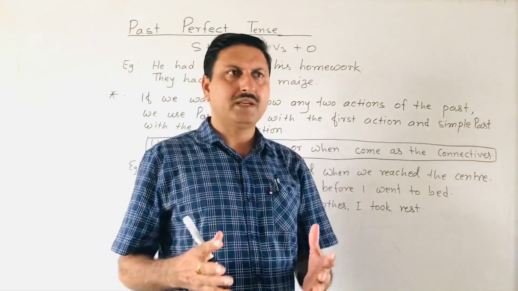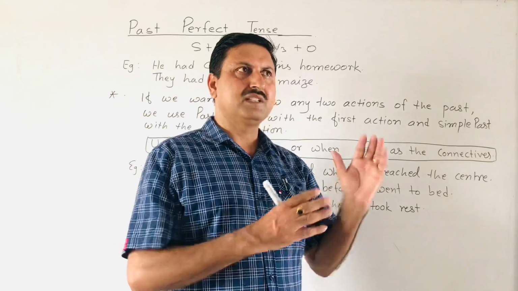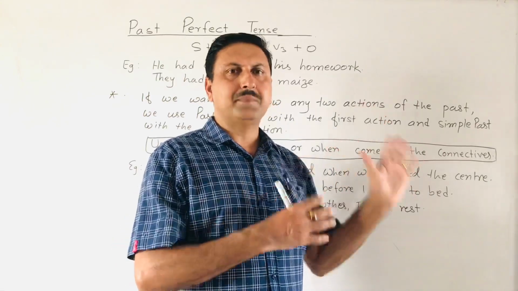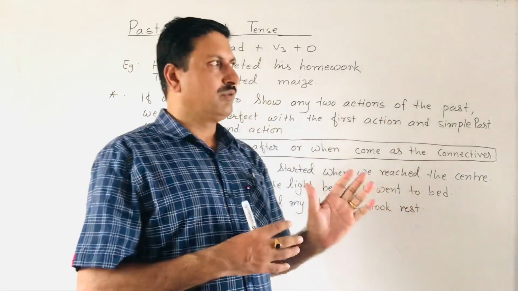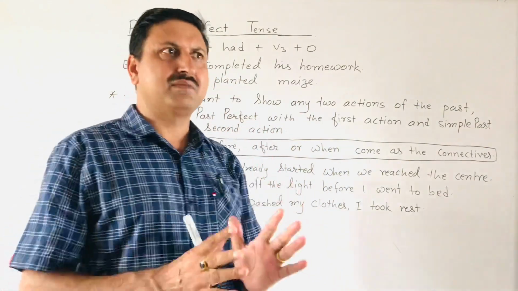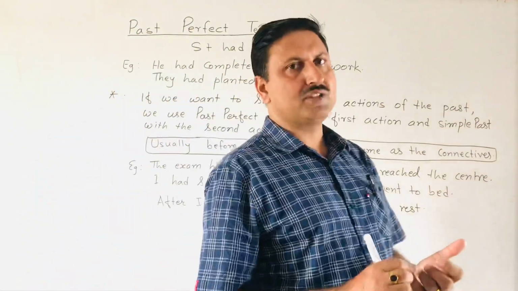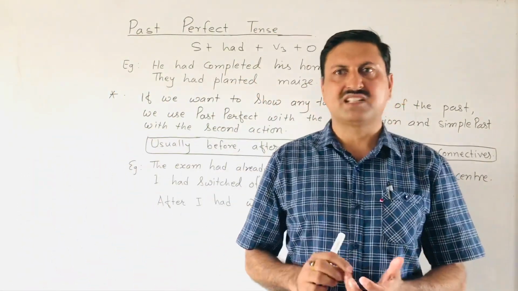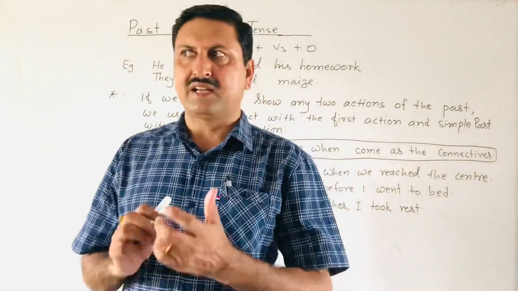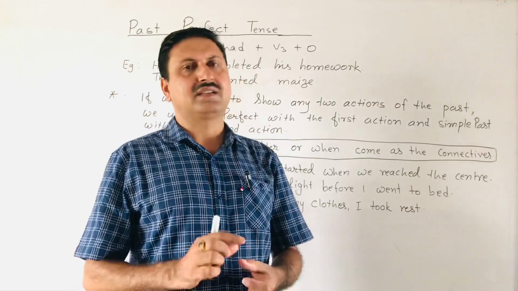So if we make short sentences showing that something happened in the past, when we show two actions or two activities, we have to use past perfect tense with the first one and simple past tense with the second activity or second action or second event or second incident.